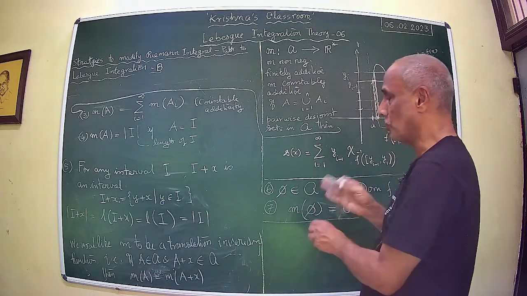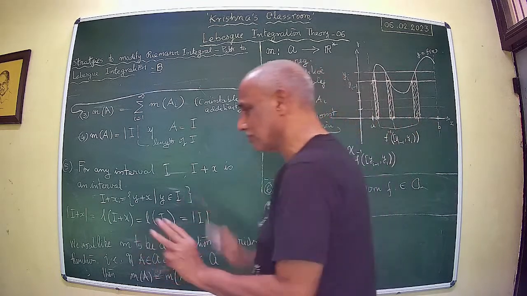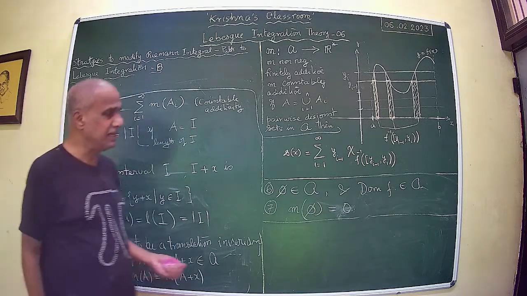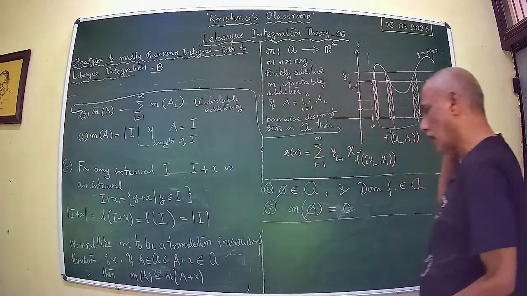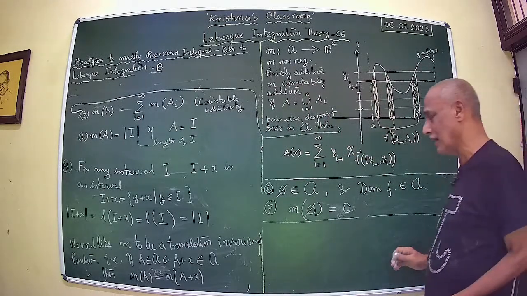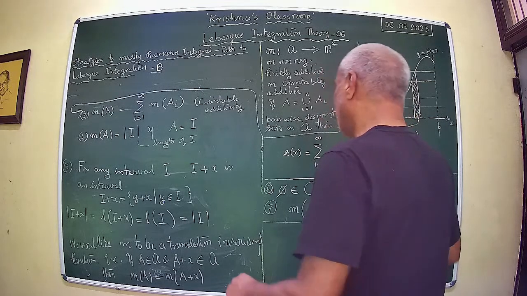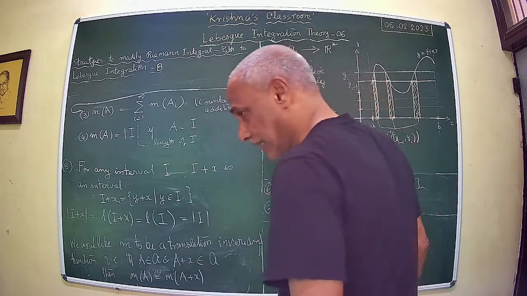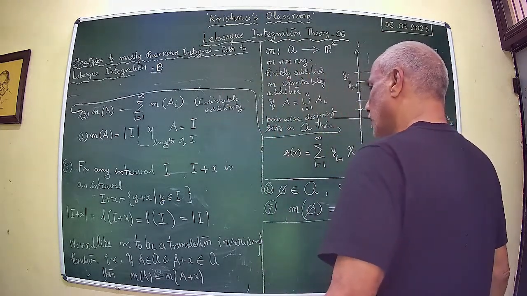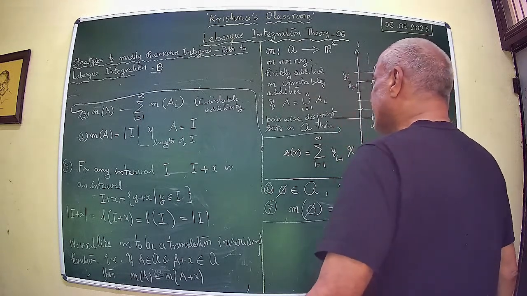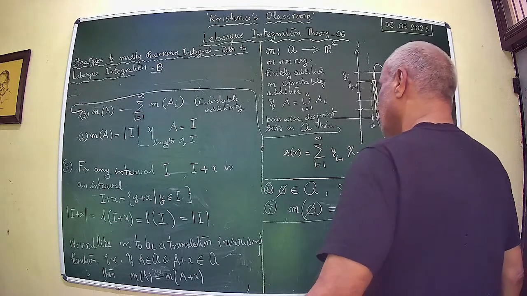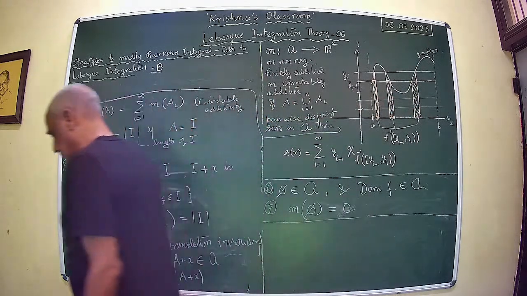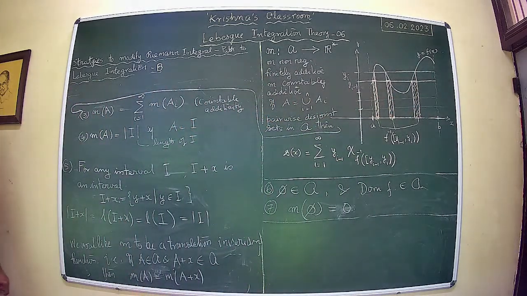Then a countable union of subsets in script A should be an element of A, and a countable intersection of subsets of A should be in A.